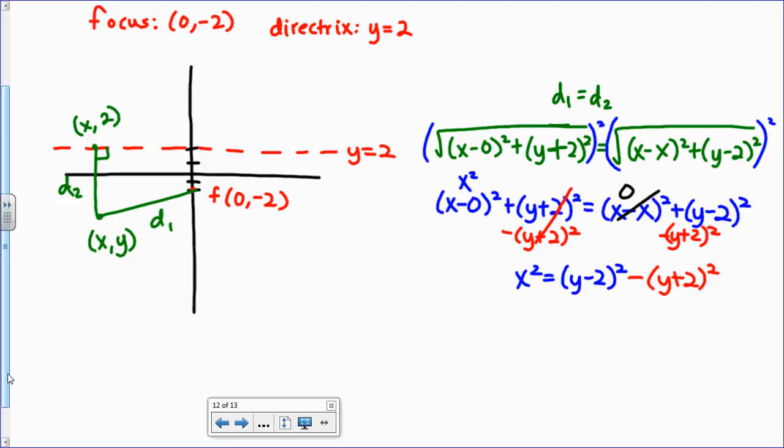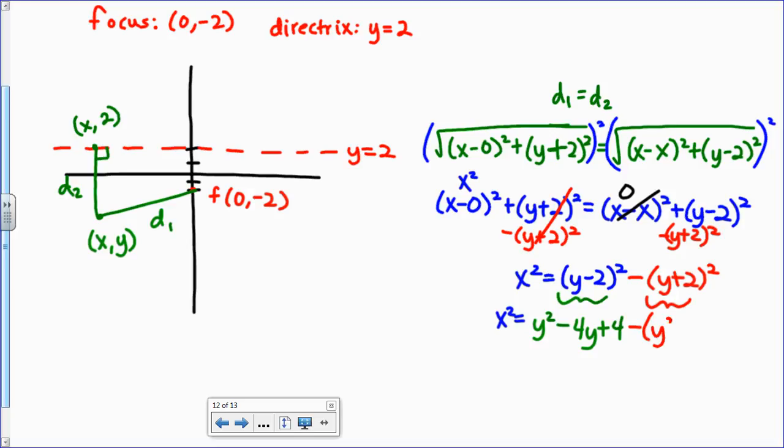Okay, so remember to multiply those out. You'll have to either write them twice and use FOIL or use the shortcut. So this one, (y minus 2) squared, I need y squared, and then 2ab, so 2 times negative 2 times y is negative 2y, times 2 is negative 4y, and then negative 2 squared is positive 4, minus, I'm going to keep the second one in parentheses so I distribute my negative.